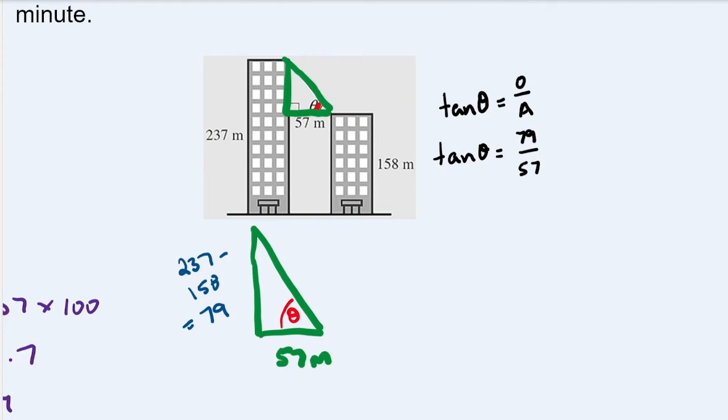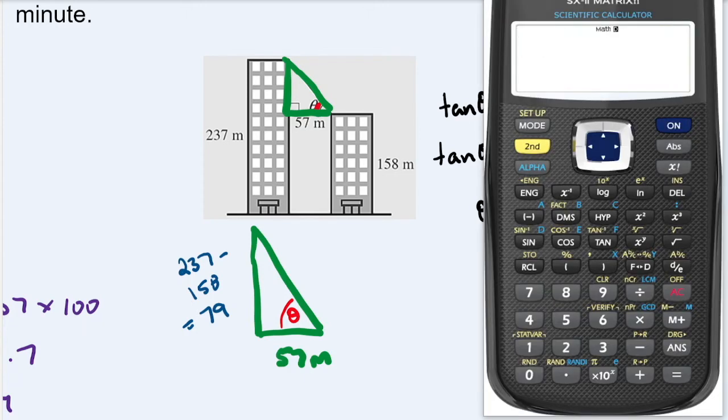So it's going to be theta equals tan of 79 over 57. And we're going to answer this to the nearest minute. Close the bracket properly, hit the equals. That gives us that answer.